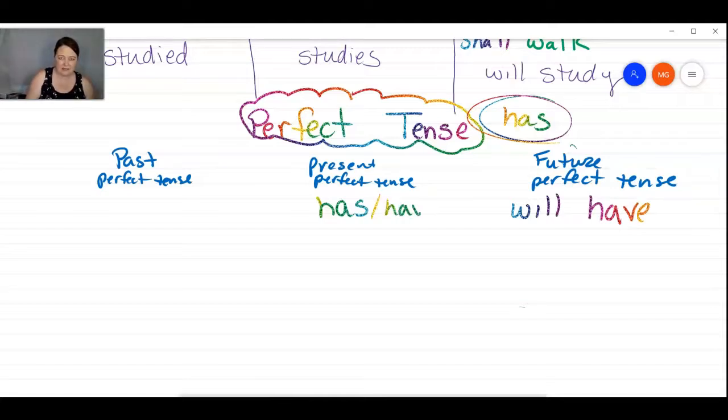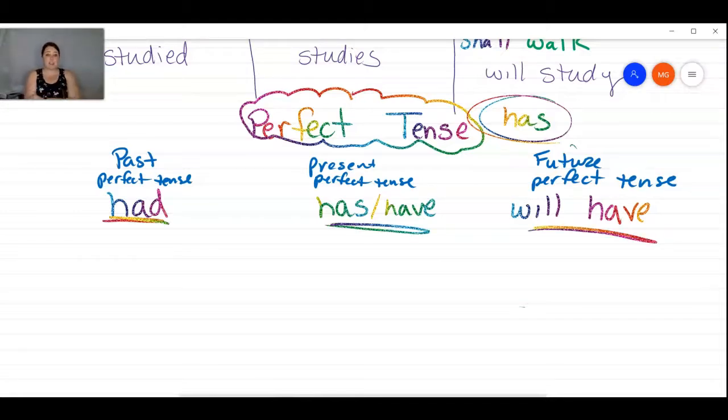Has or have, depending if it's singular or plural. Okay. So has or have for present. Future will have. But yesterday, oh, you should have seen my hair yesterday. She had perfect hair. So this is the past, present, future.